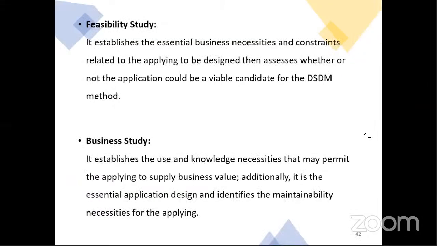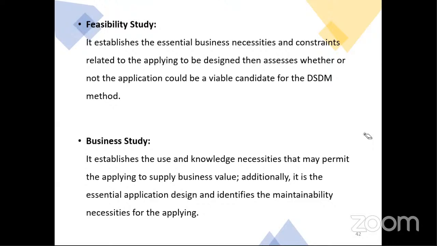What happens in DSDM? There are basically 5 parts. The first is feasibility study. It establishes the essential business necessities and constraints related to the application to be designed, then assesses whether the application could be a viable candidate for the DSDM method. So that is nothing but checking whether whatever project we have chosen is feasible or not during the feasibility study.